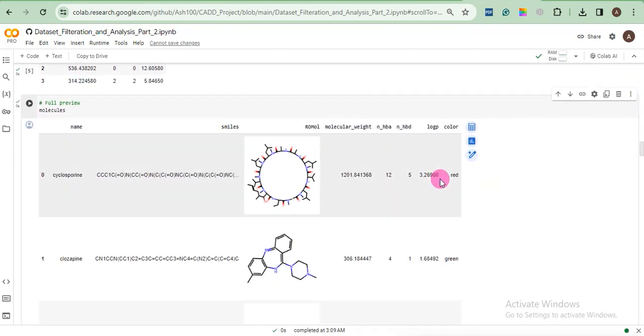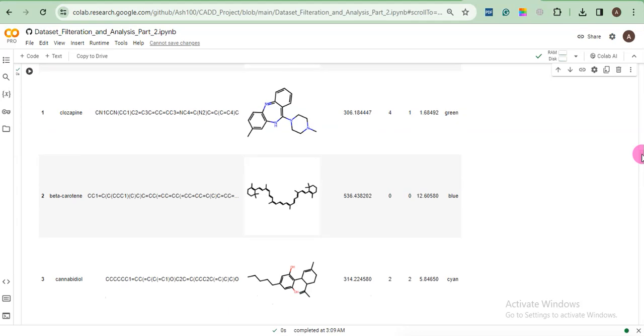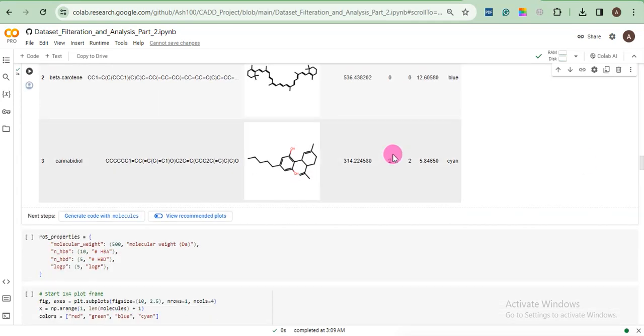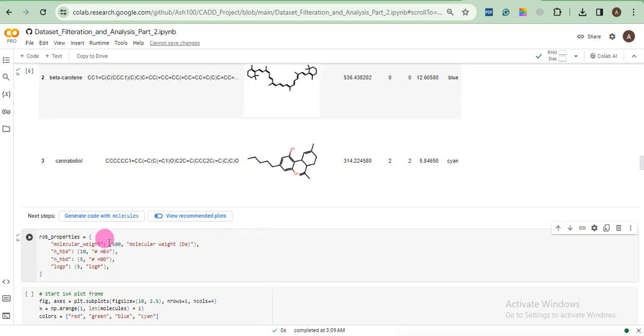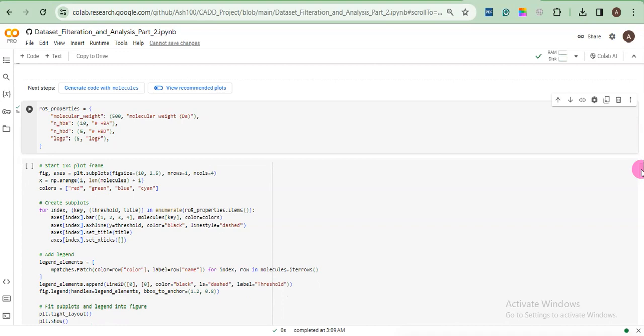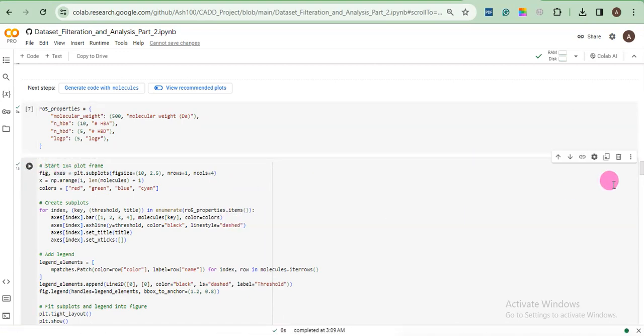So we just merged those properties with these 4 molecules quickly. You can see it in the data frame. Now Ro5 stands for Lipinski rule of 5. We will run these cells. You will understand why we are running these cells.